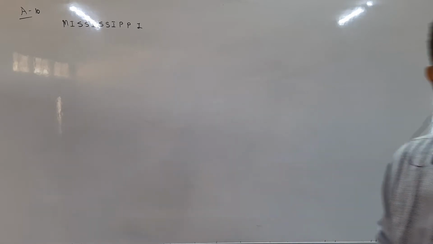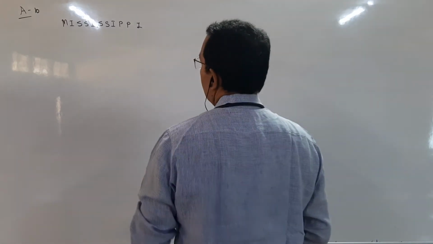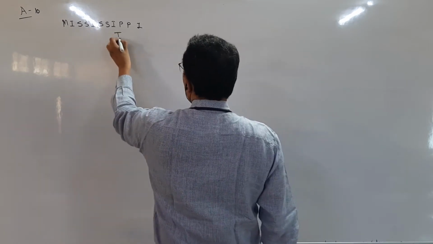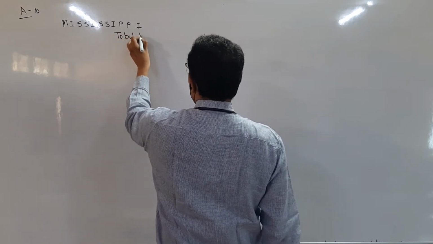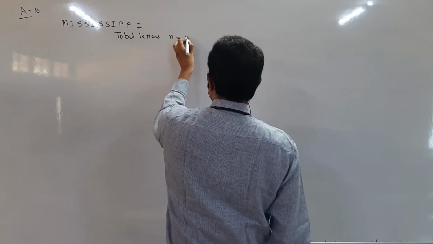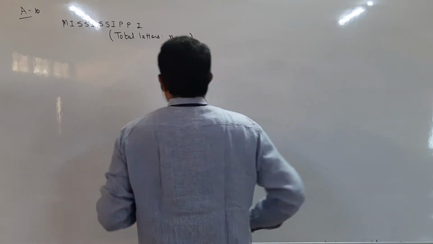Using all the letters of the word Mississippi, how many possible permutations are there where the 4 I's do not occur together? I's are not together. Now total we count 4 and 4, 8, 11. So total letters are N equal to 11.